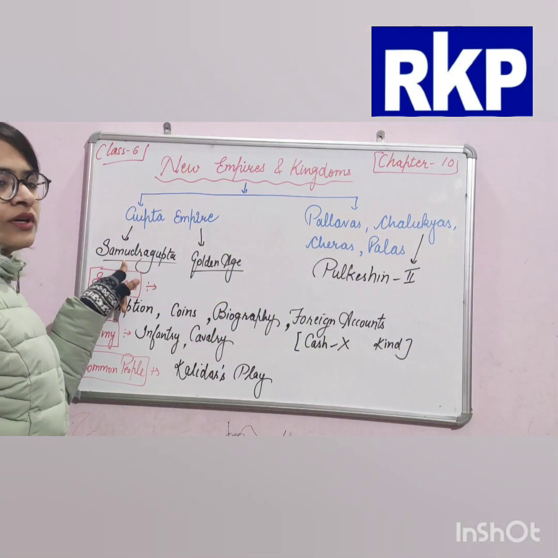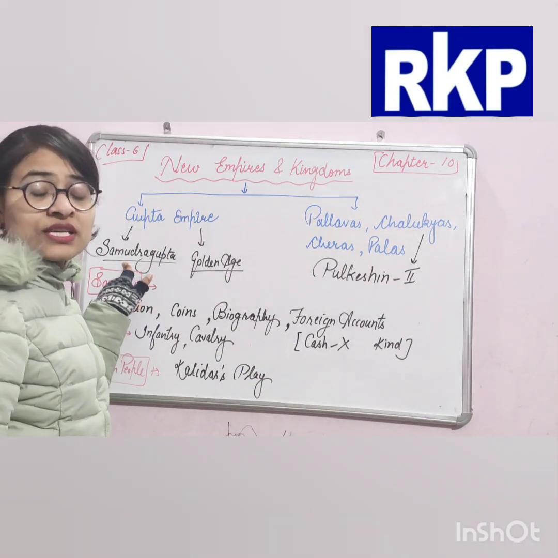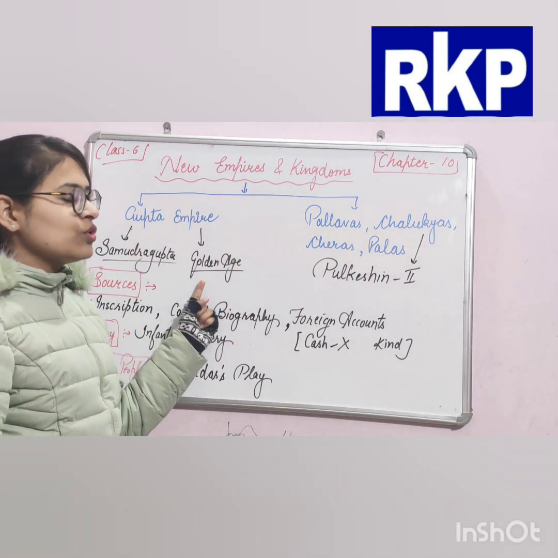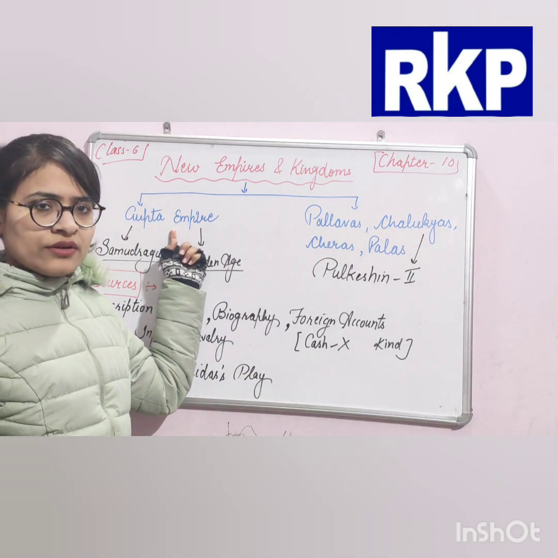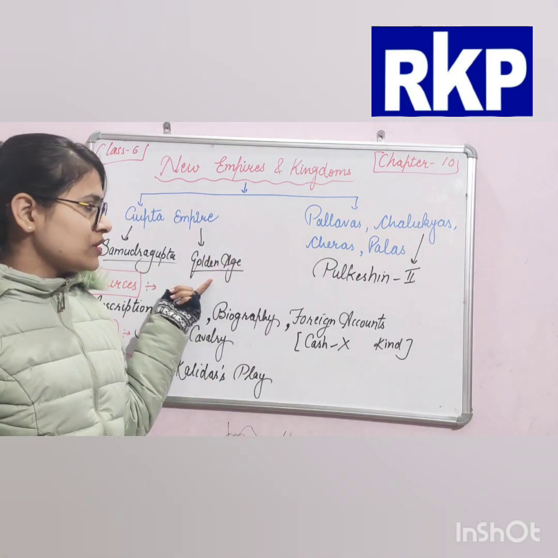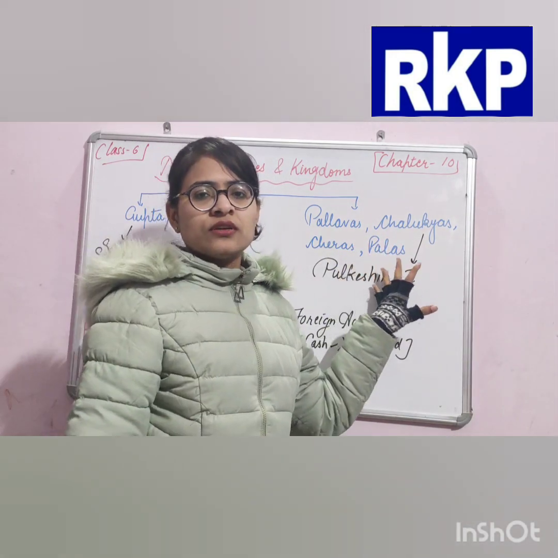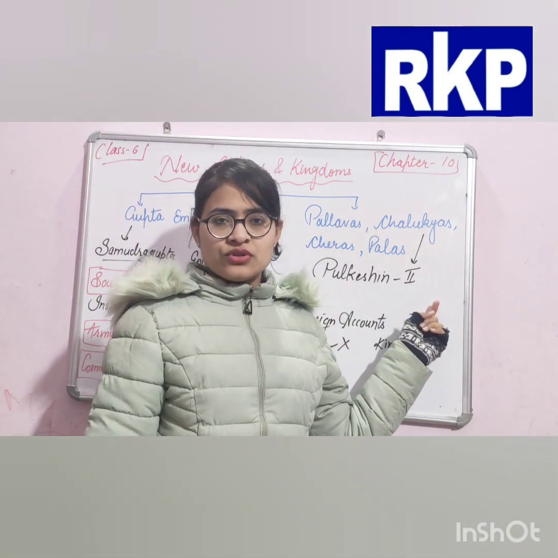Samudragupta was the best, or we can say the most famous, ruler of the Gupta Empire. And I told you that this time period, when the Gupta Empire ruled here, is known as the Golden Age. And from the Chalukyas, the Southern Empire, Pulkeshin II was the best ruler.